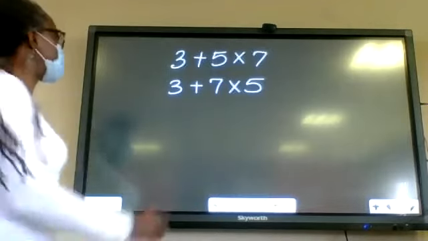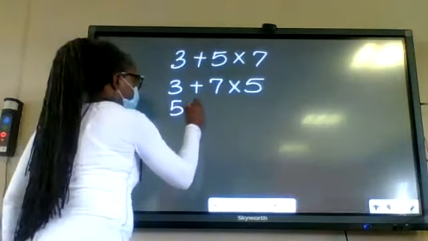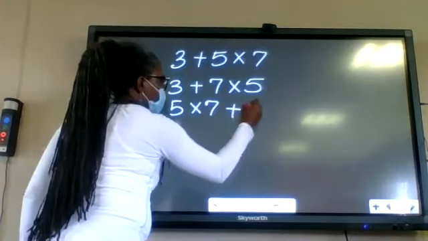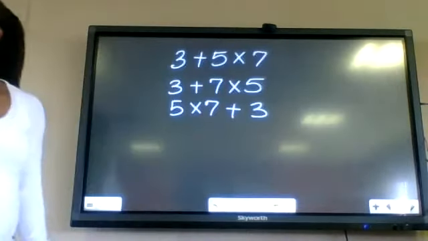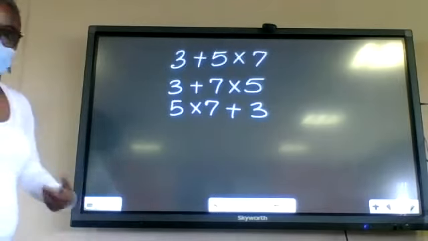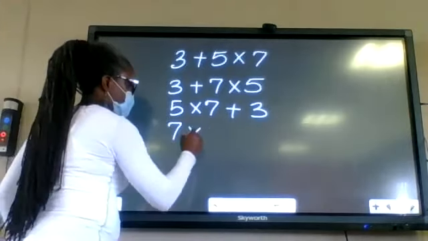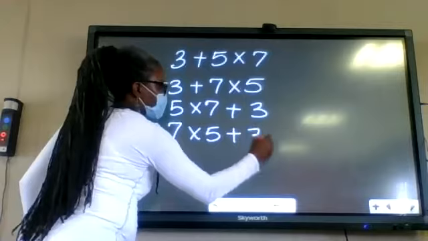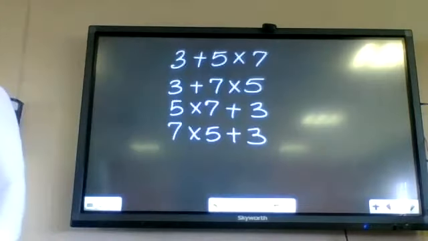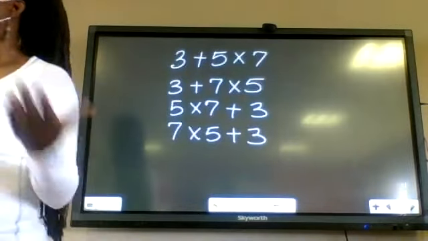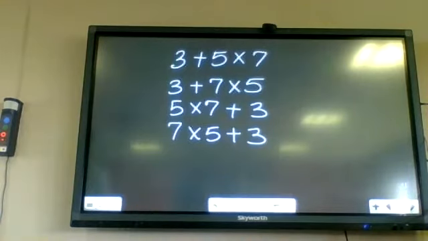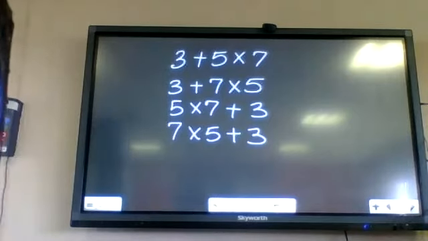Commutative now says I can even write 5 times 7 plus 3. Actually, I can still write 7 times 5 plus 3. All these four sums mean exactly the same because in each of the sums, the two numbers that multiply are 5 and 7. And after the multiplication, then we add 3, and then we get 38.